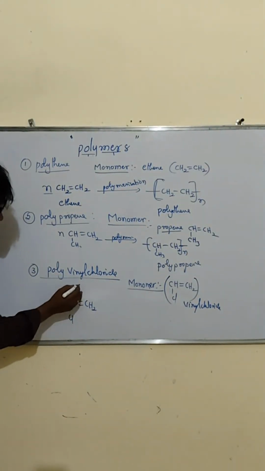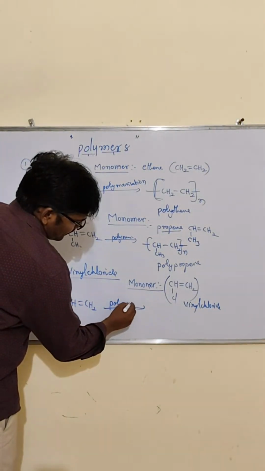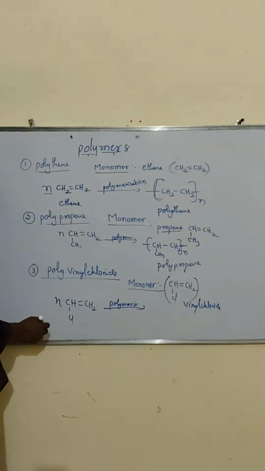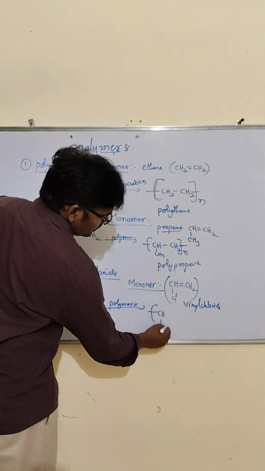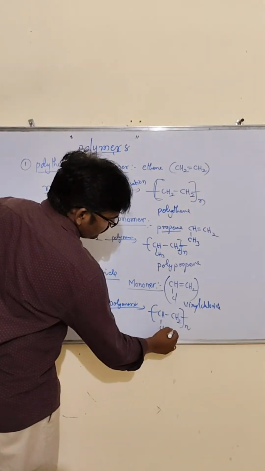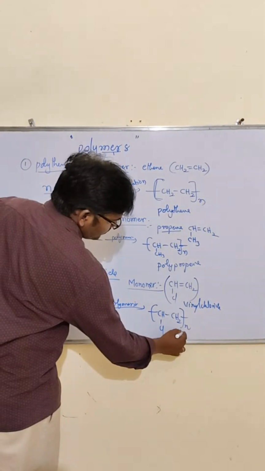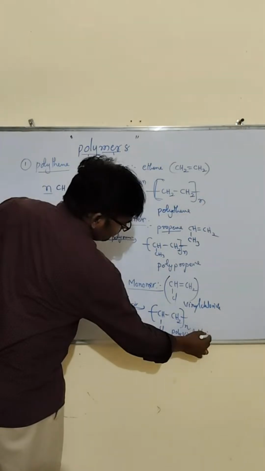When vinyl chloride undergoes n times polymerization, what forms? CH Cl and CH2, n times, which we call polyvinyl chloride.